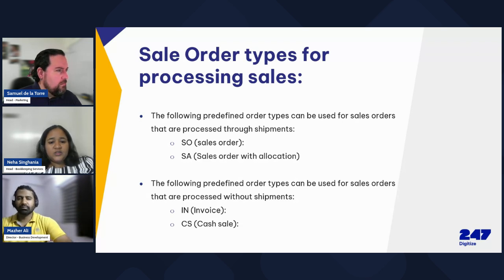SO, or sales order. This type of order is created to reflect a customer's request to purchase goods in specific quantities scheduled for shipment on a specified date. SA, sales order with allocation.